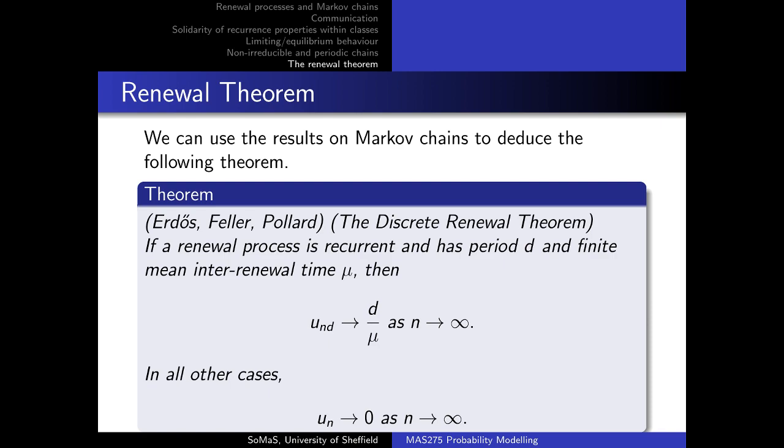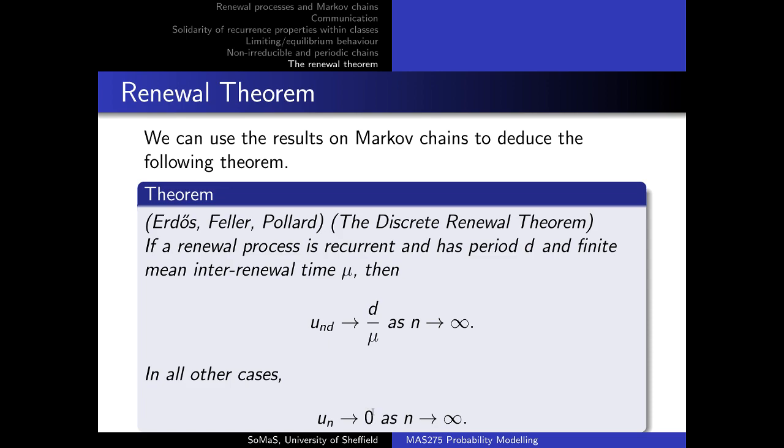Here un is the probability that there is a renewal at time n. So this is really good information. It tells you that the probability of having a renewal at a certain time converges to the inverse of the average of your waiting time. That's in the positive recurrent case, where mu is properly defined and not infinite. In the other cases, null recurrent or transient, un converges to 0.